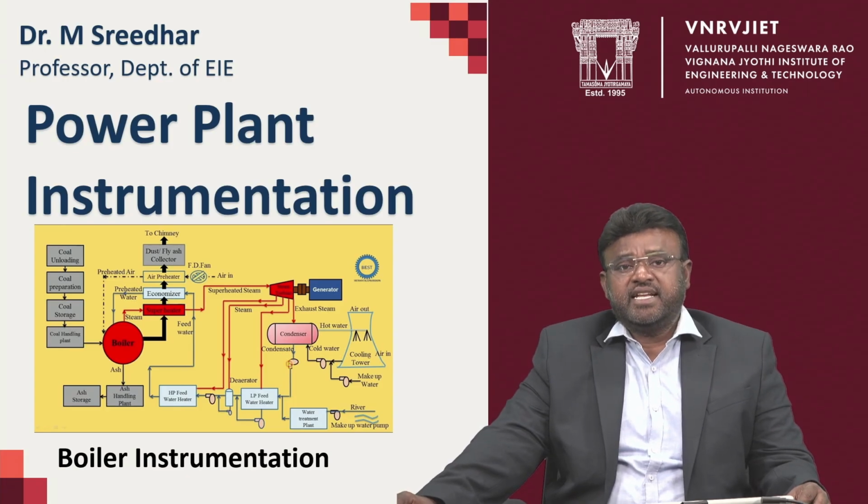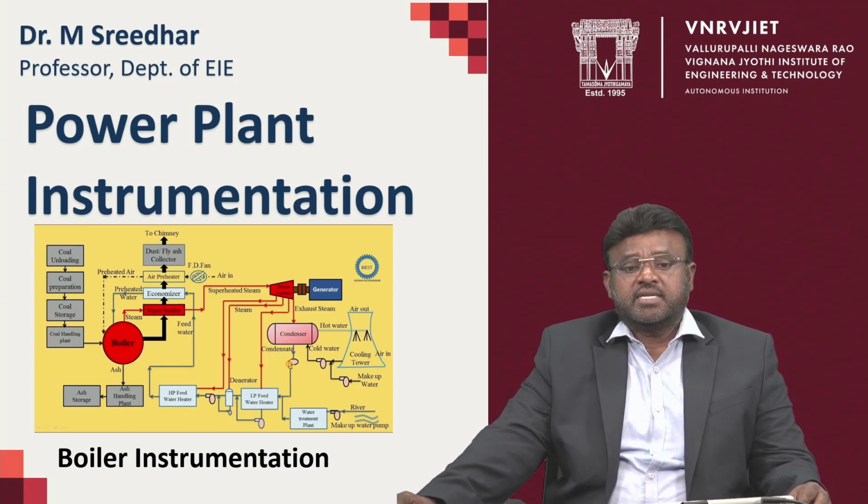However, after generating the steam from these boilers, it is again essential to increase the temperature of the generated steam in order to make it compatible to rotate the turbine. Therefore, let us focus our attention on boiler instrumentation.